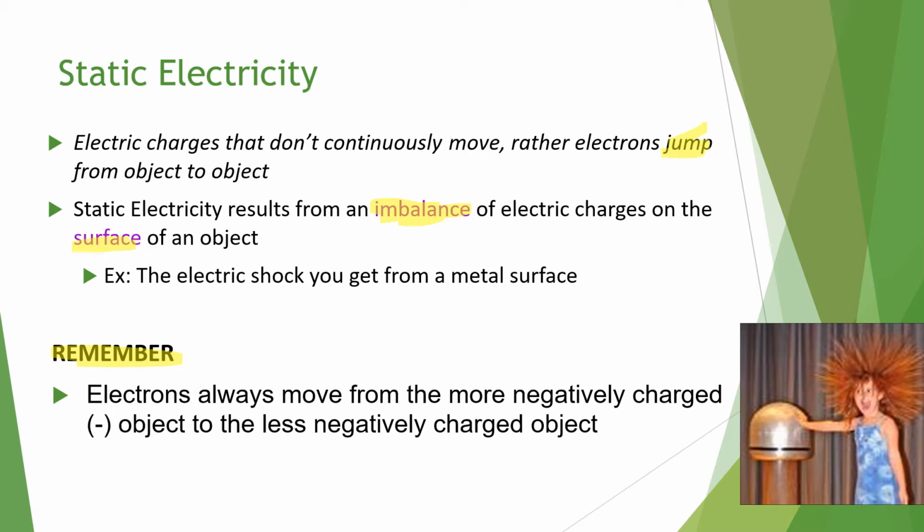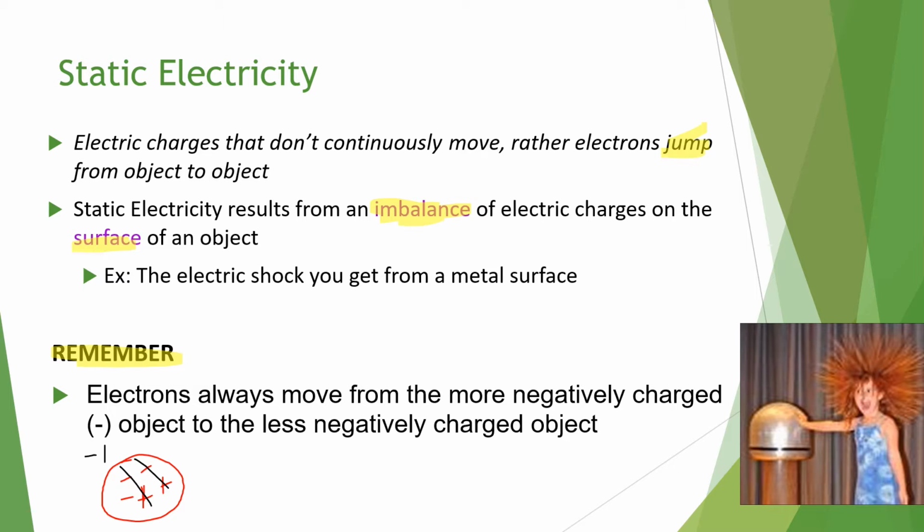This is because it's always trying to balance out the charges. Okay, that's the goal, to always get rid of that imbalance as much as possible to balance out the charges. So for example, if you had an object that had 3 negatives and 2 positives, well, we know that is really like a charge of -1.